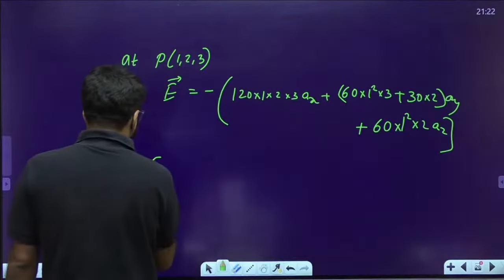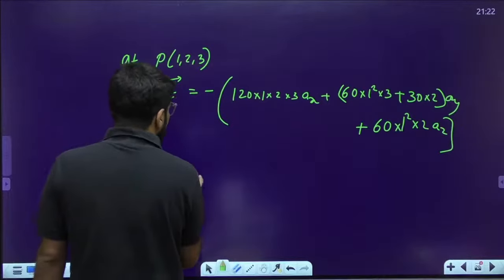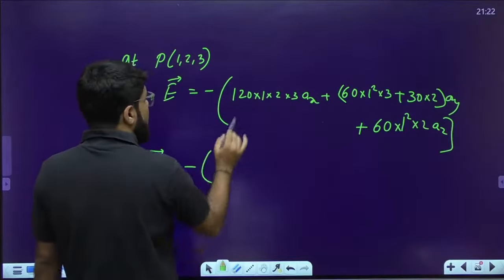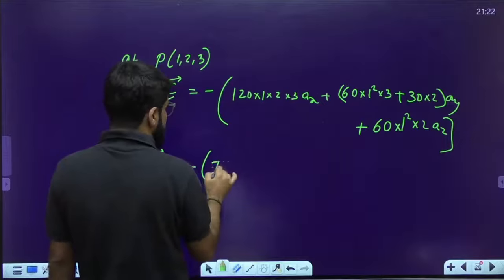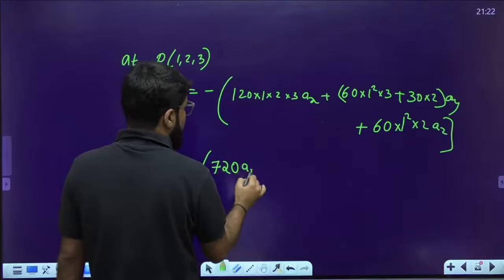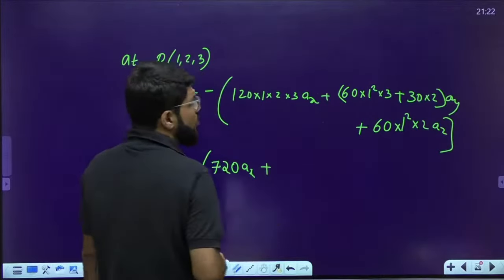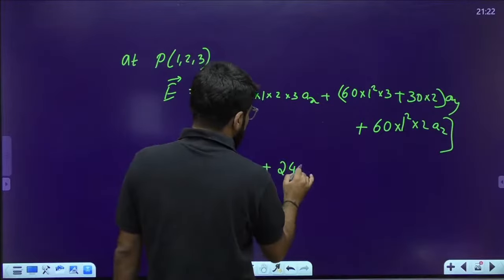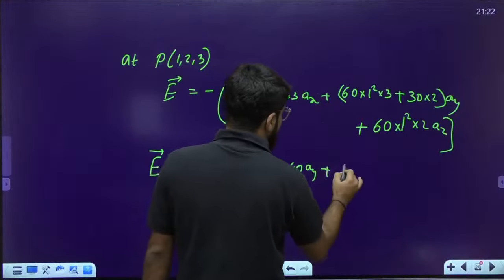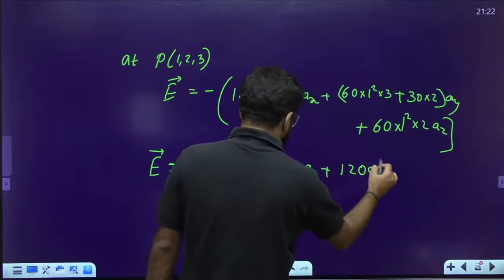So electric field here is equal to negative of 720 ax plus 180 plus 60, 240 ay plus 60 twos are 120 az.